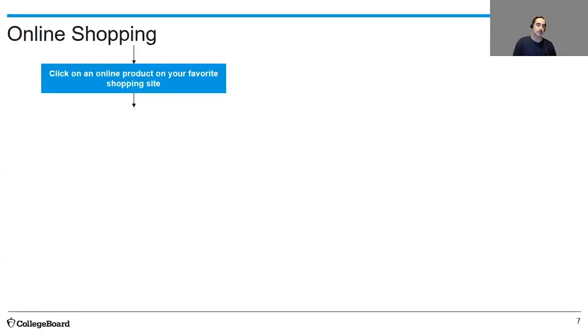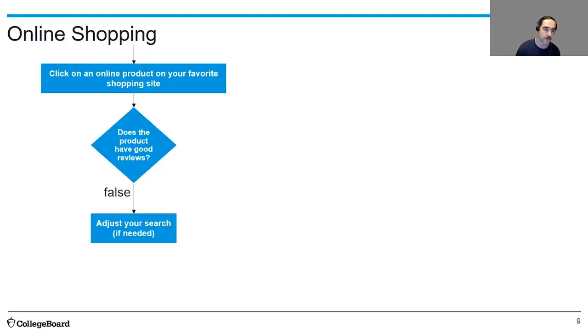Suppose that we're online shopping and you go to your favorite website, you search, and you click on a product. Maybe what's important to you is, does that product have good reviews? What are you going to do if the product doesn't have good reviews? What if that's false?